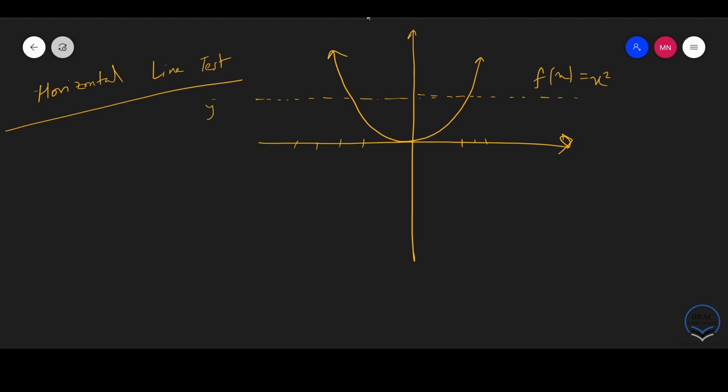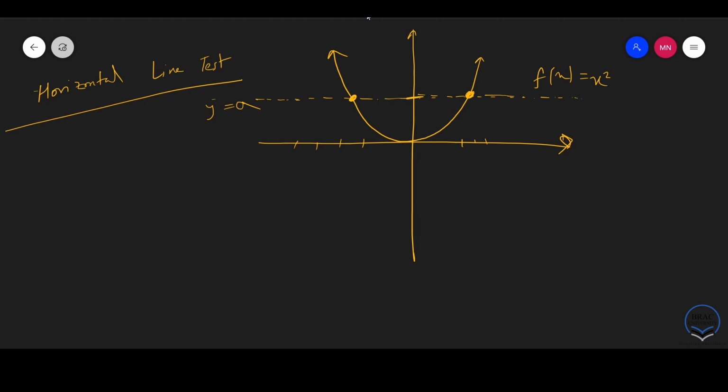Say this is for y is equal to a. If this horizontal line intersects the graph at more than one point, so we have an intersection here and another intersection here, then that graph is not that of a function that has an inverse. Because what do we have here?